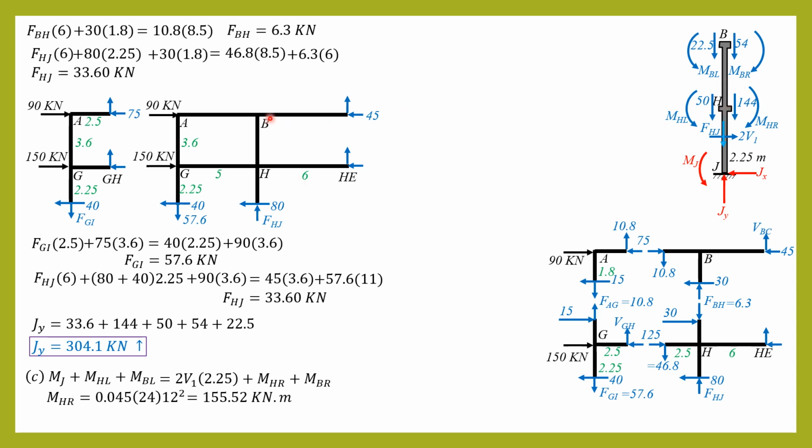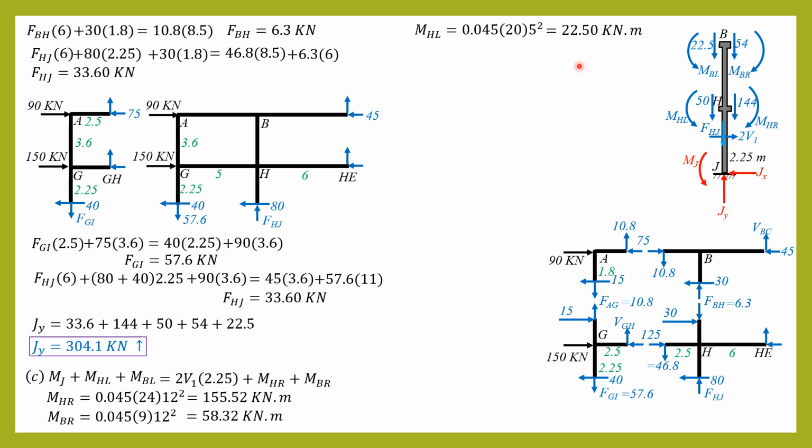MBR, 9 kilonewton per meter, so 0.045 times 9 times 12 squared, and it is equal to 58.32 kilonewton meter. MHL loaded with 20 kilonewton load, and the length is 5, so 0.045 times 20 times 5 squared, so it is equal to 22.50 kilonewton meter.